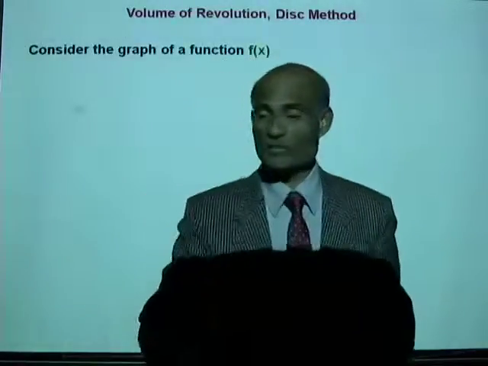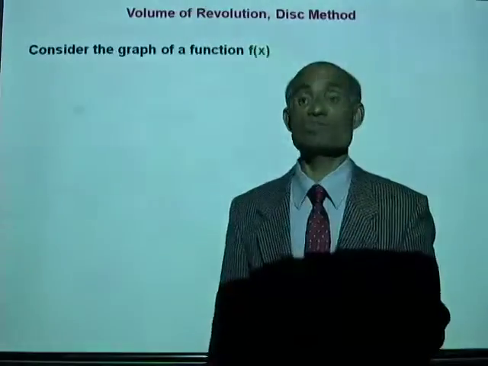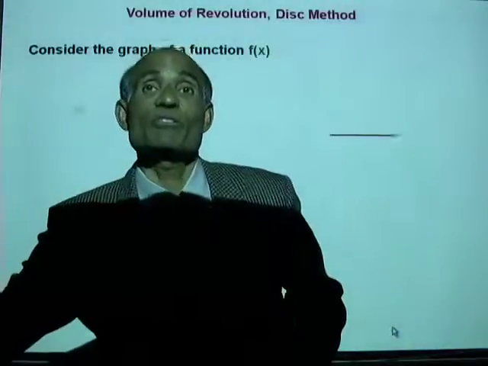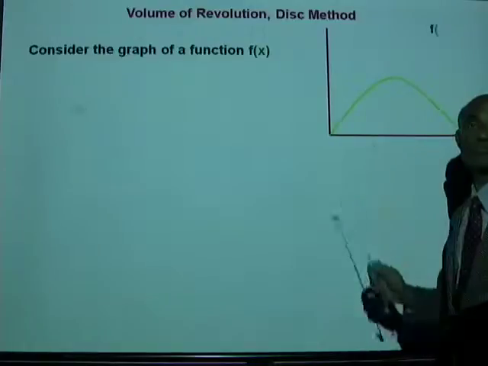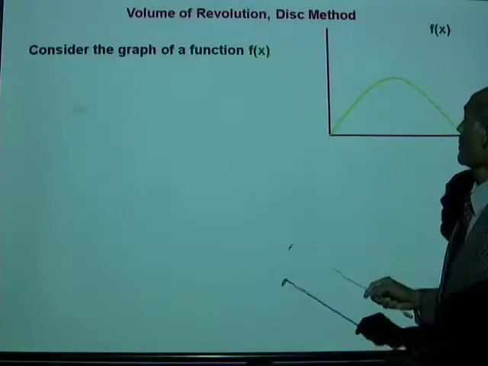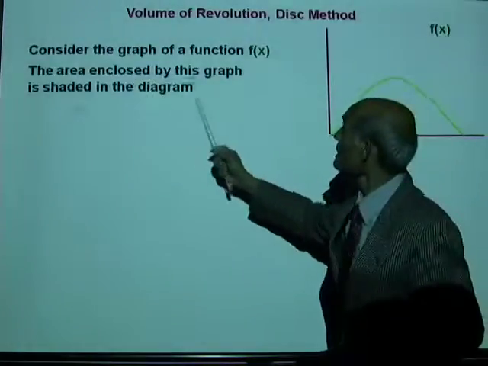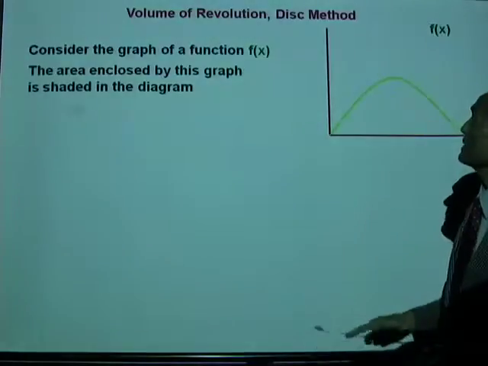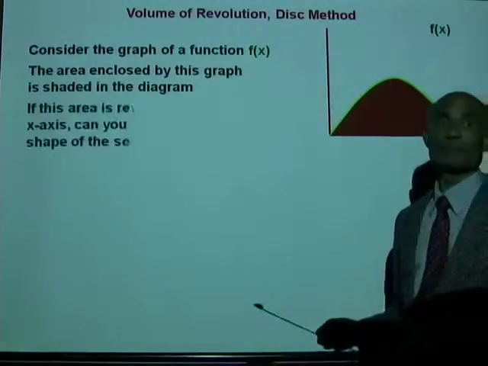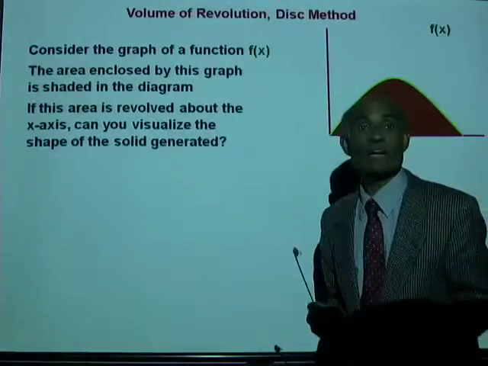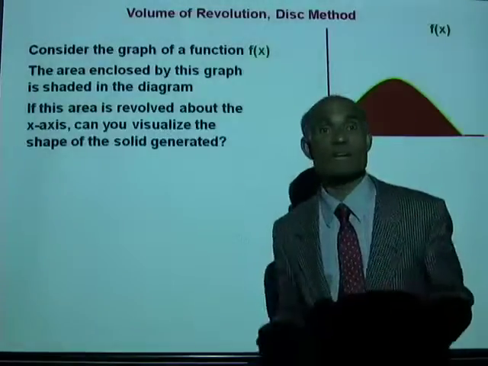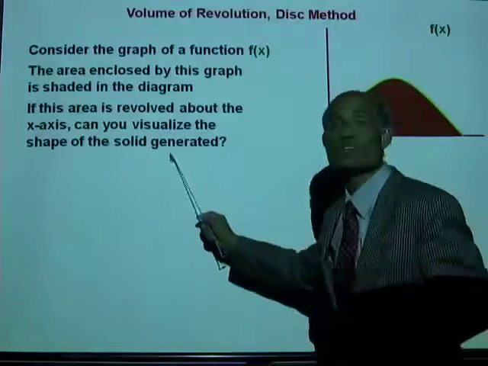Now, consider the graph of a function f of x. Here is the graph of a function. This is f of x. All right. Now, the area enclosed by this graph is shaded. If this area is revolved about the x-axis, can you visualize the shape of the solid generated?